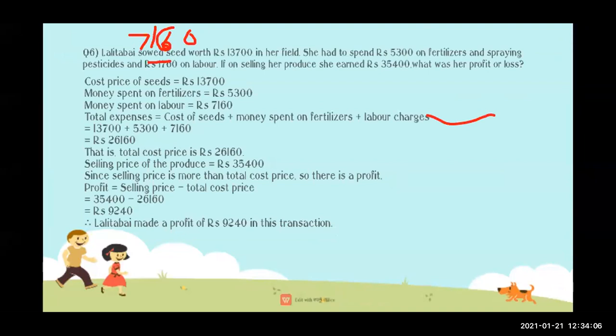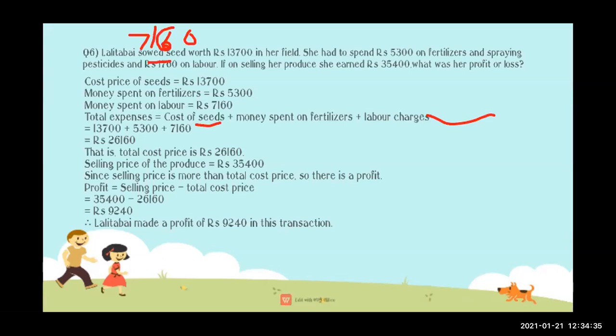So here the cost of seed is 13,700 plus fertilizer 5,300 plus labor charges 7,160. If you add all three, we are getting the cost price, that is 26,160.